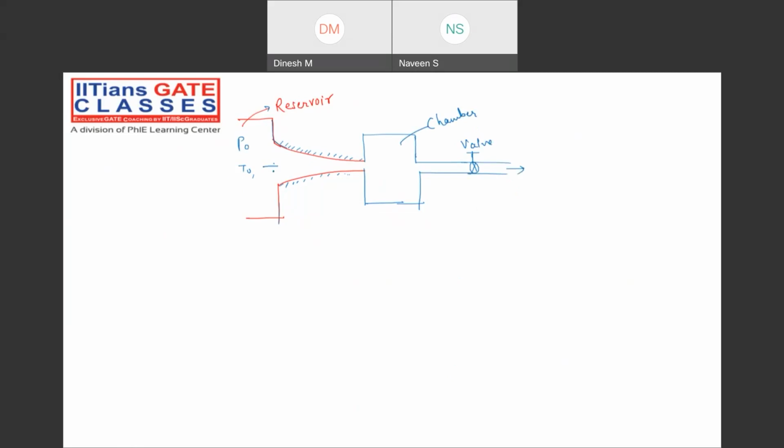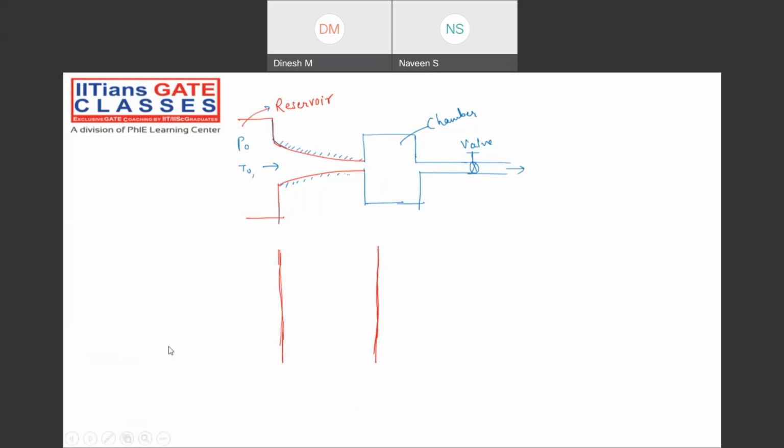Now assume the flow direction is something like this. I'm drawing the pressure distribution along the length of the nozzle. Try to understand this, it is a very fundamental thing, because if you are not able to understand this converging nozzle, you will not be able to understand the converging-diverging nozzle, right? That's the main thing.